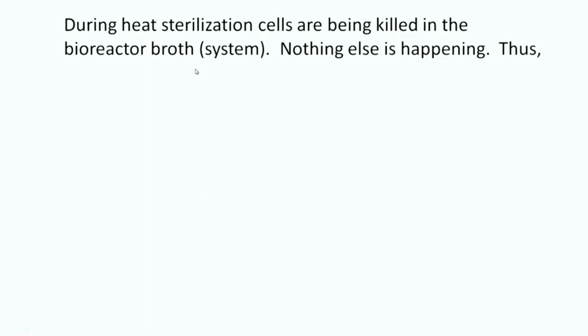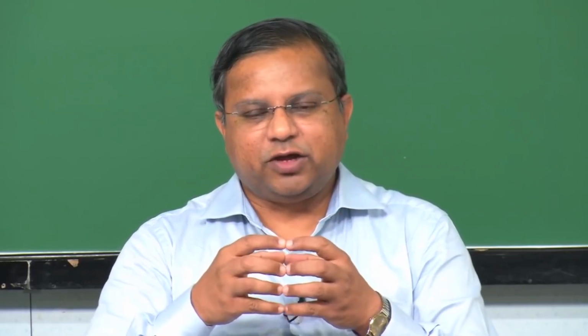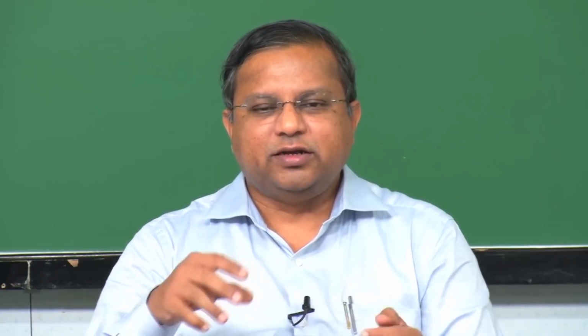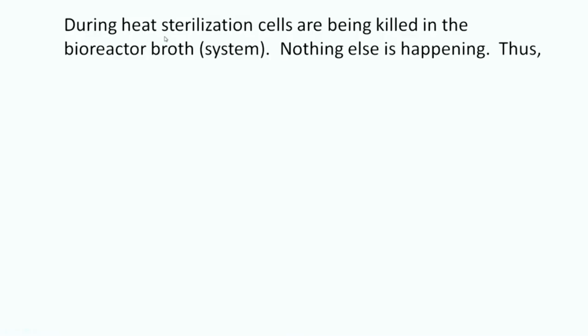During heat sterilization of cells, you are sterilizing, let us say, a stir tank bioreactor containing medium, which probably has some cells growing in it already. It is not sterilized, and we are going to heat sterilize and kill all the cells that are present there. During that process, the cells are being killed in the bioreactor broth, which is a system.